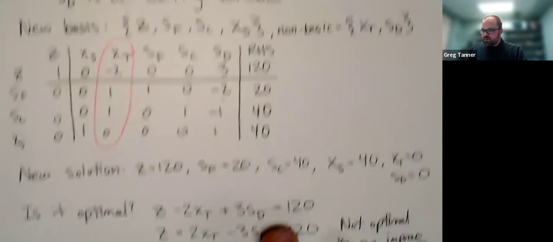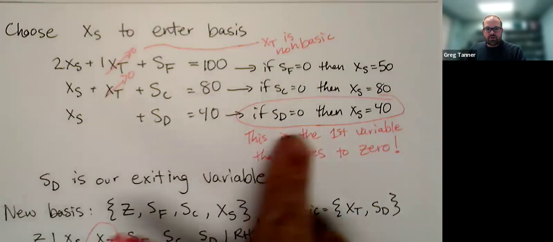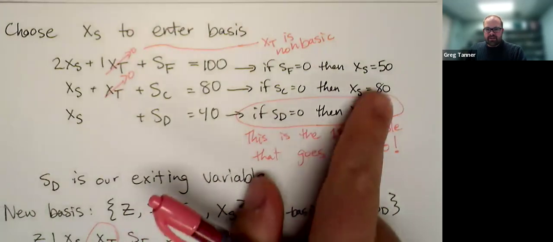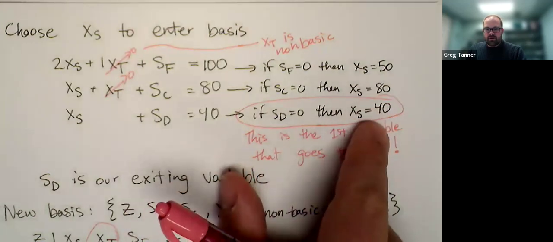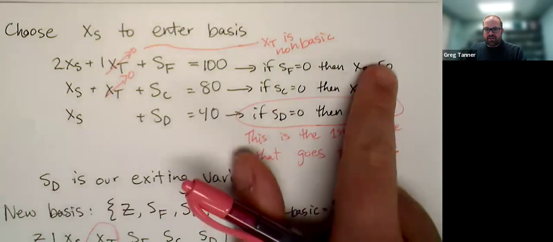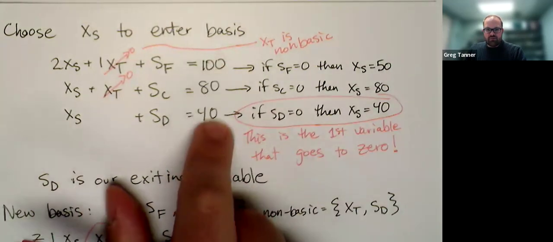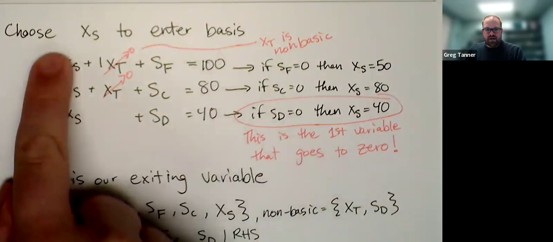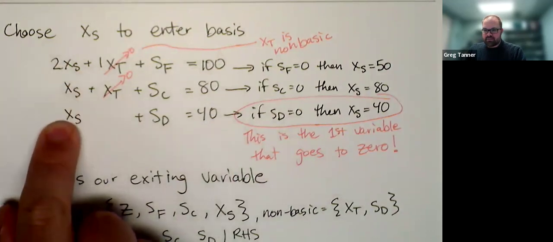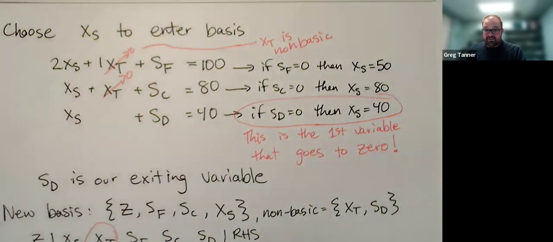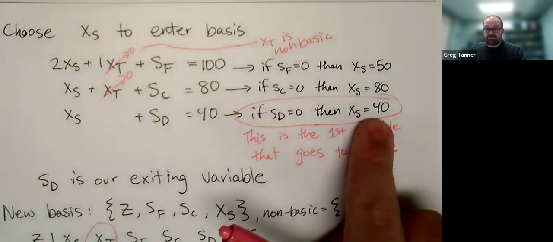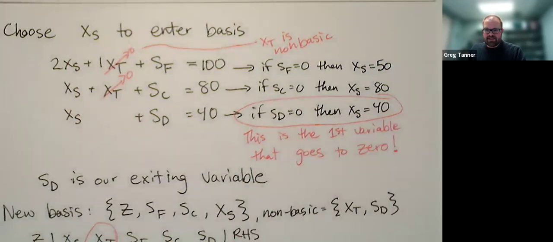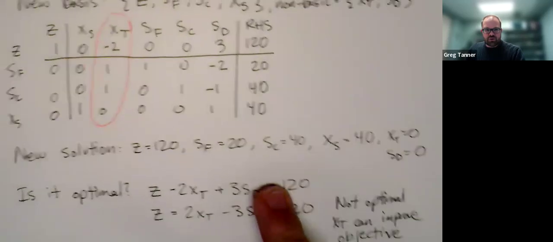Now we need to do this process again. To get these numbers over here, you'll notice they are exactly the right-hand side numbers divided by the coefficients of XS. That's all it is, and then we just chose the smallest positive one. So let's do that as a shortcut here.